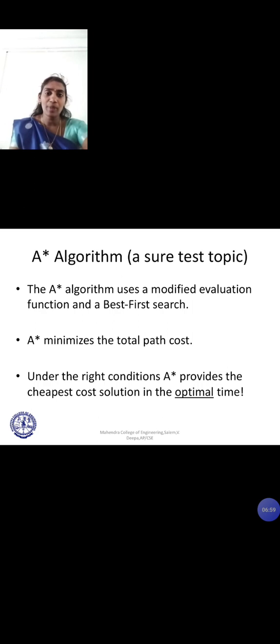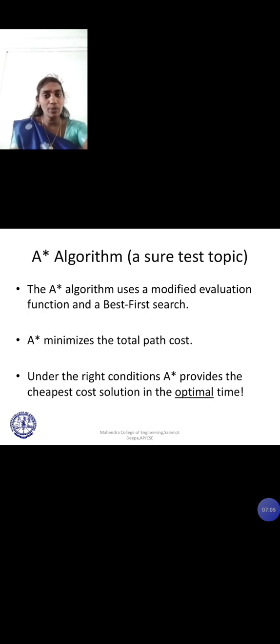A to B, B to C, C to D is the first solution, A to B, D to C is the second solution, and the third solution is A to C, C to B, then B to D. Also we have finalized that A to C, C to D, D to B is the shortest path for that problem. Next we are going to see about the A-star algorithm.